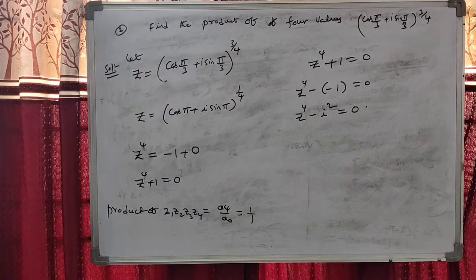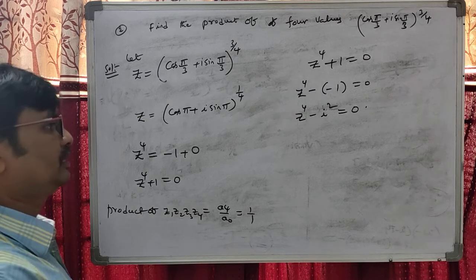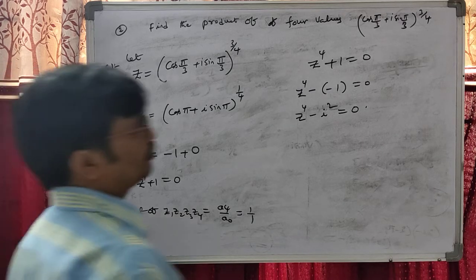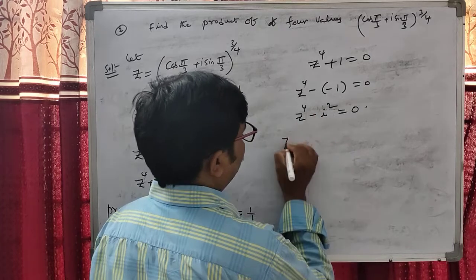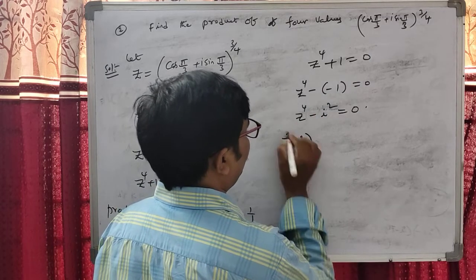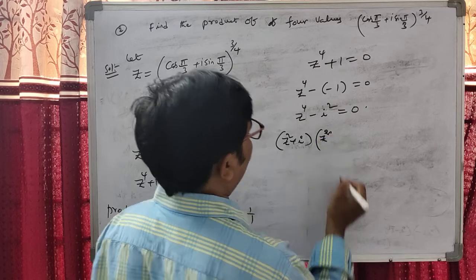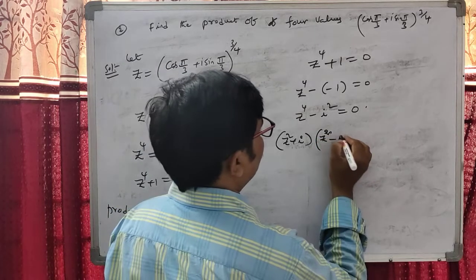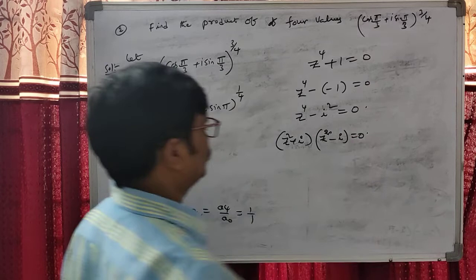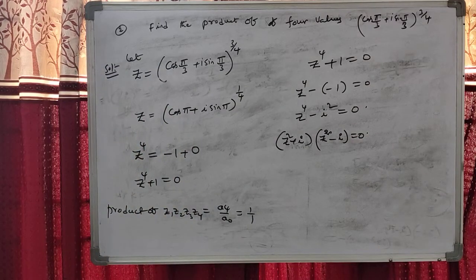So how can you write this? This is z square plus i, and z square minus i. So we got here the 4 values.